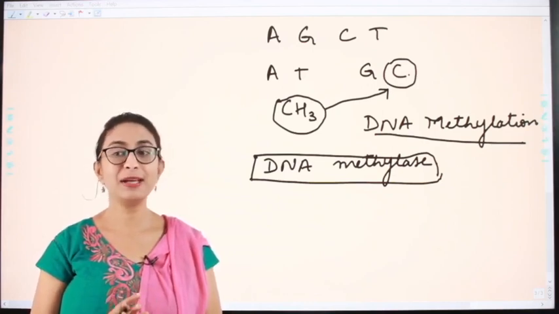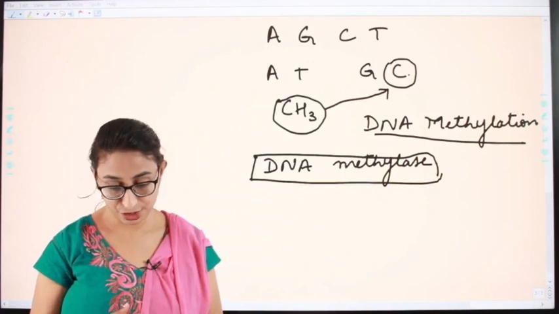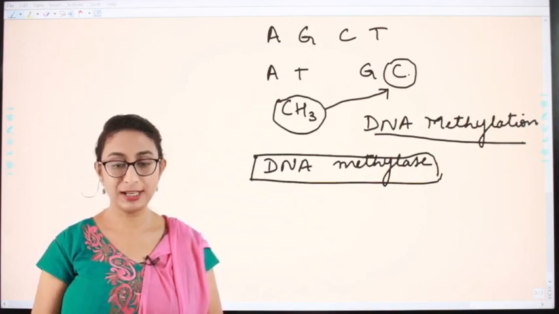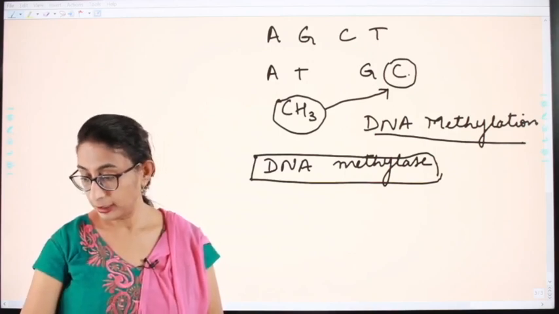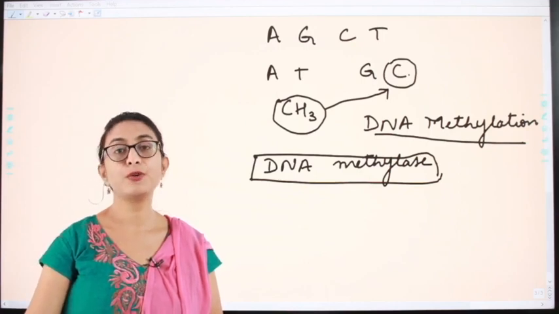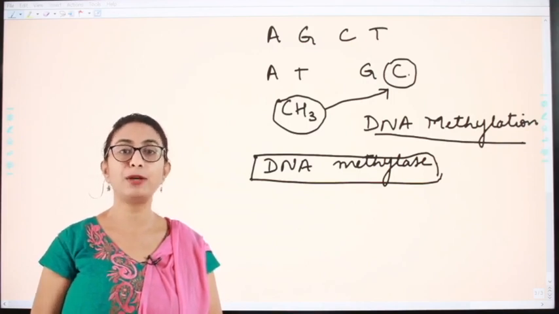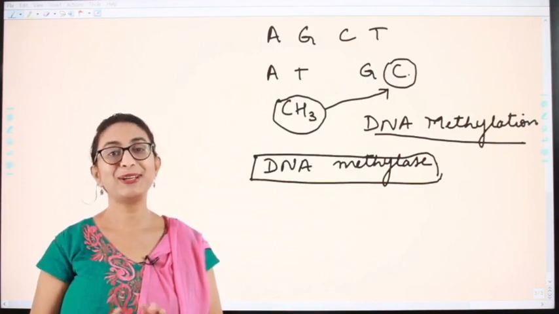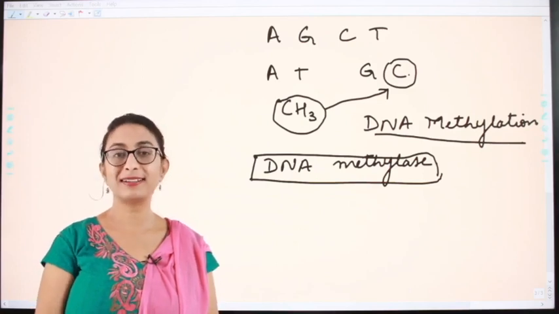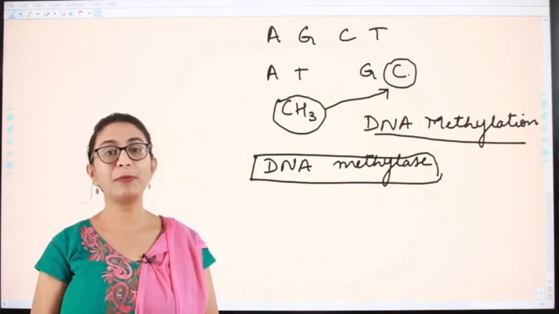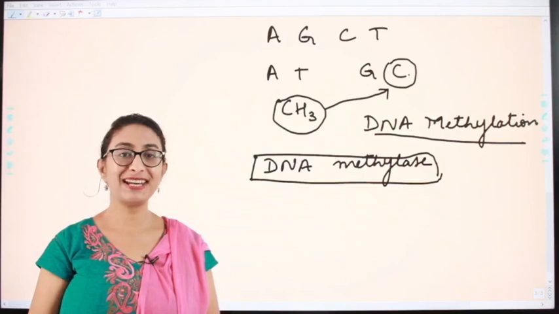So it is differential DNA methylation. The differential methylation which happens in the sperm and the ovum cells is responsible for the difference in the age at which you get the disease. When you inherit it from your father, you get it at an earlier age. When you inherit it from the mother, you get it at a later stage in life.